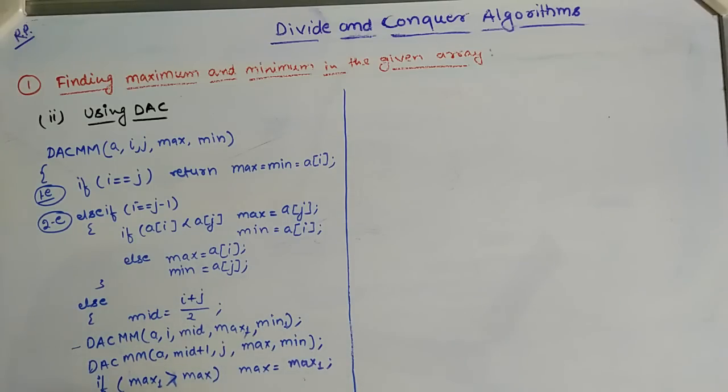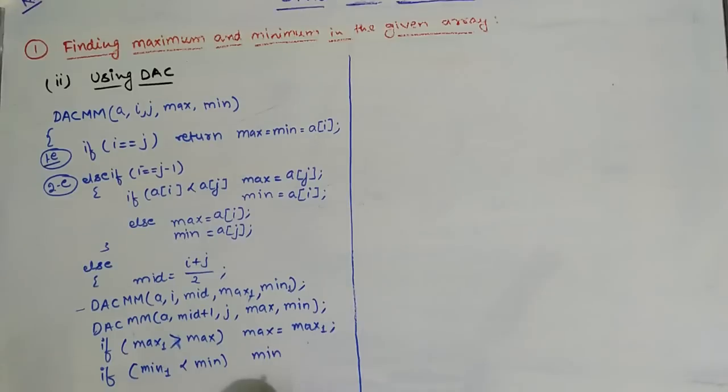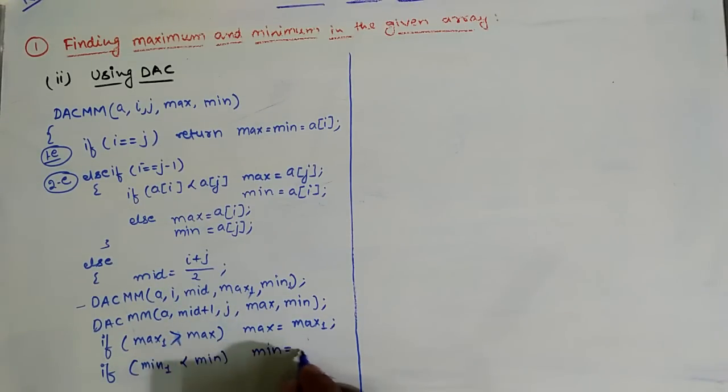Okay, if min 1 is less than min, then the minimum element is min 1. Okay, so the else condition is closed and the recursive function is closed.